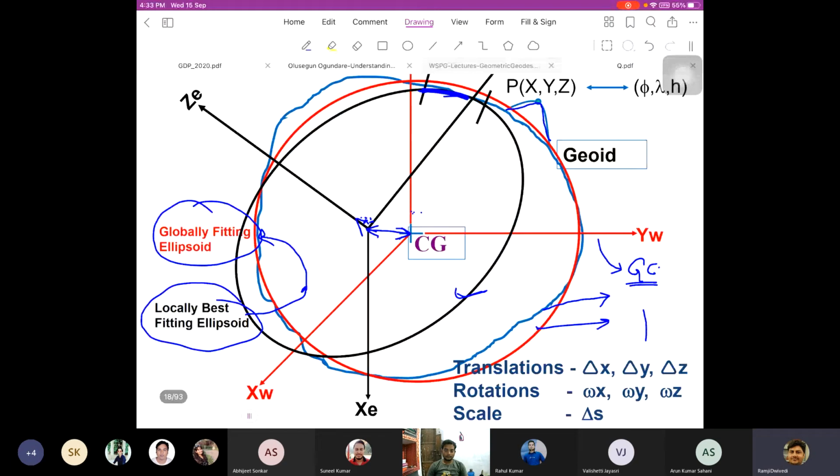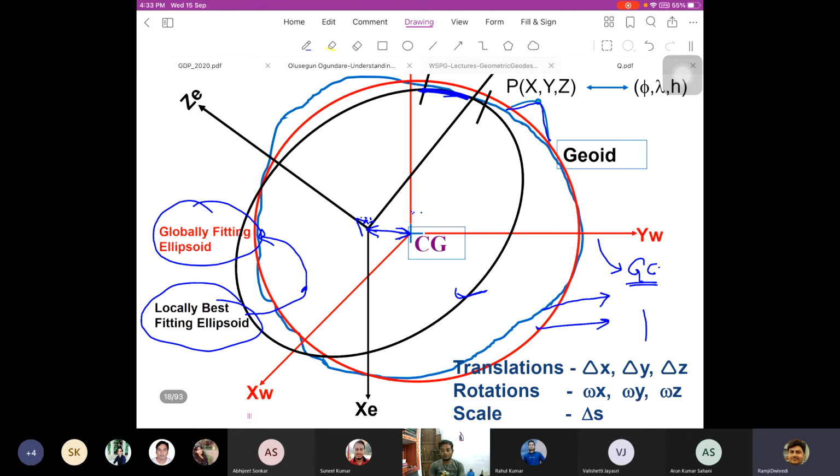But what I'm trying to tell you is that there are two ways by which you can define the surface of Earth. One is called the ellipsoid, another is called the geoid. The ellipsoid could be of global nature or of local nature, which is represented here.